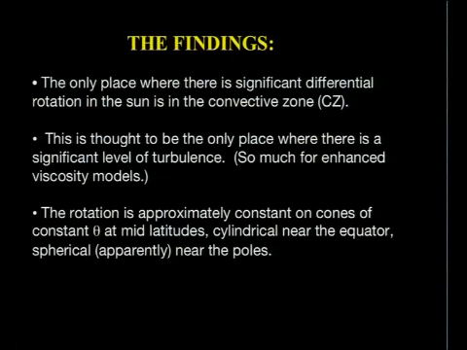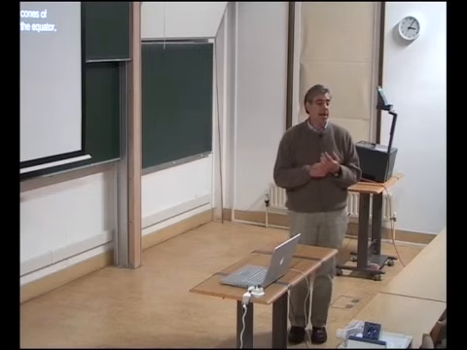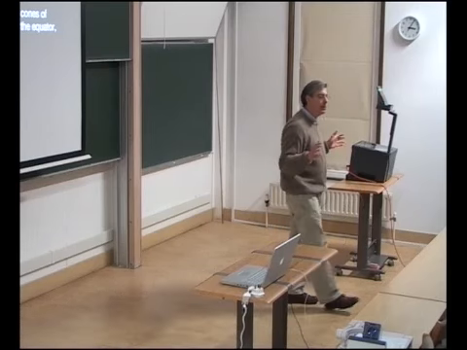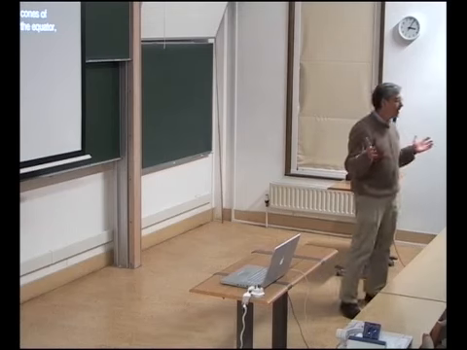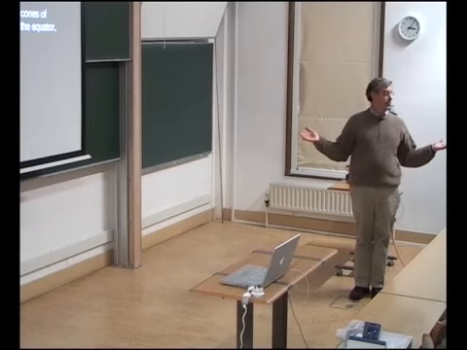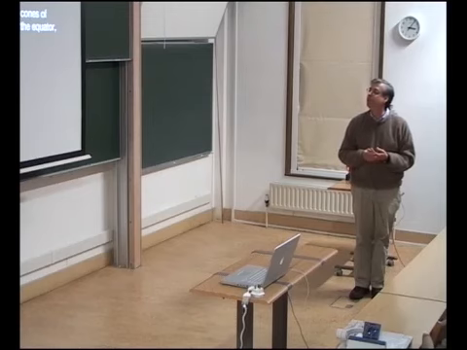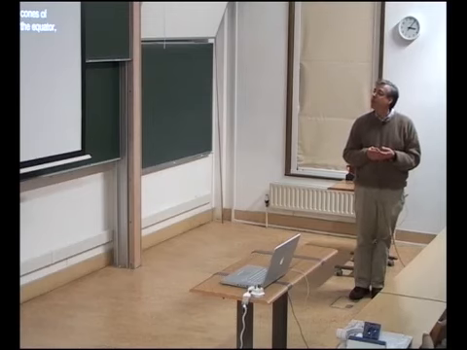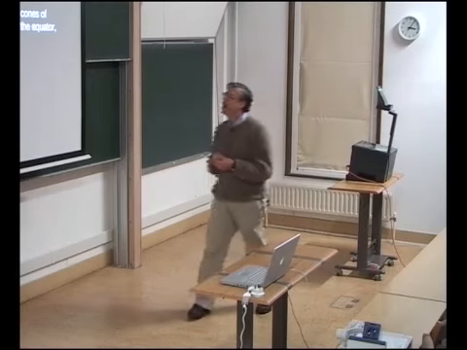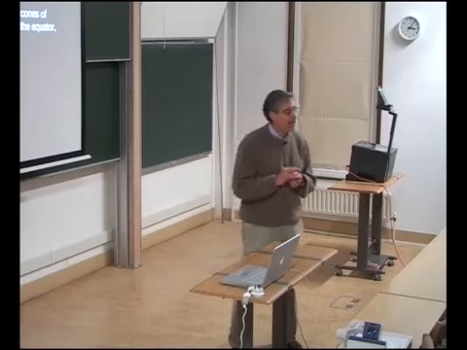In accretion disk models, a popular way of describing the effects of the turbulence has been as an enhanced viscosity. Well, in the sun, that would fail miserably. The only place where you supposedly have this gigantic viscosity happens to be the place where you have differential rotation and no other place, so it gets the sign completely wrong.